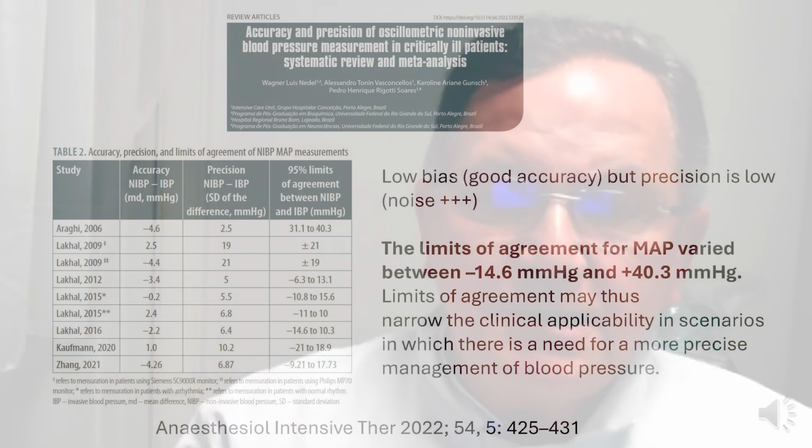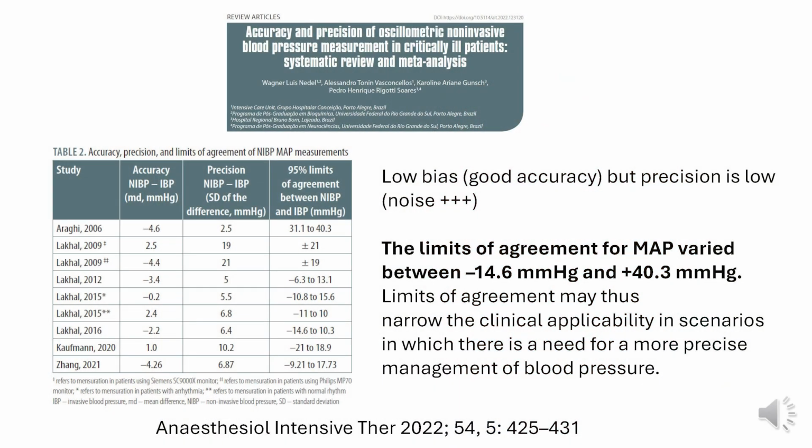Now, the second type of argument is the noisy measurement of arterial blood pressure. This is just one of the articles that compared oscillometry with a radial artery catheter in ICU patients, in critically ill patients. And just to make a very long story very short, the noise, as you can see here, is absolutely huge.